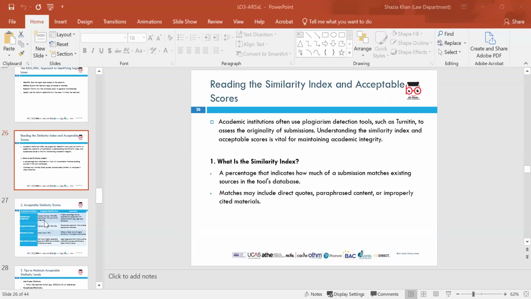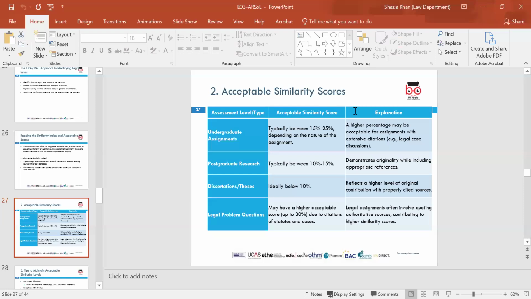Acceptable similarity scores. For undergraduate assignments, acceptable similarity scores are typically between 15 to 25%, depending on the nature of the assignment. The explanation is a higher percentage may be acceptable for assignments with extensive citations like legal cases or discussions. For postgraduate research, typically between 10 to 15%, which demonstrates originality while including appropriate references.